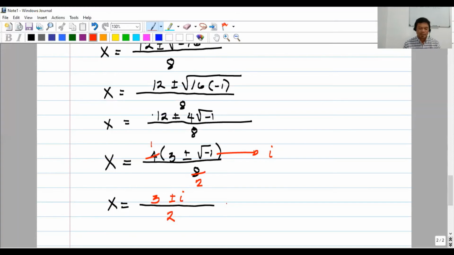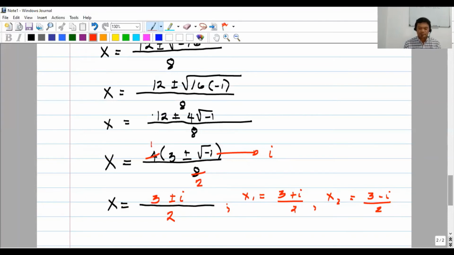Okay, so that your x sub 1 would be 3 plus I over 2, and your x sub 2 would be 3 minus I over 2. So these are the values of x that we have obtained by solving the quadratic equation using the quadratic formula. Take note that the square root of negative 1 is I, or an imaginary number.